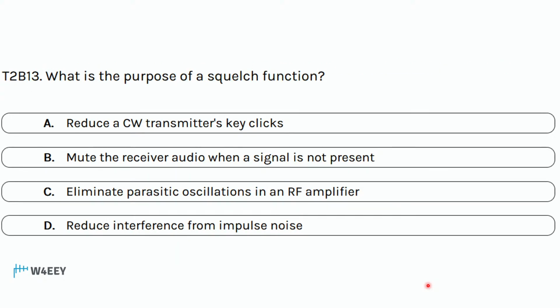So what is the purpose of a squelch function? We heard it. Bravo. Yes, it's to mute a receiver's audio when signals are not present.